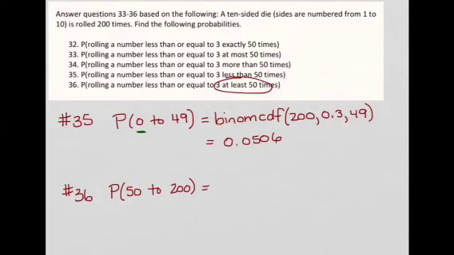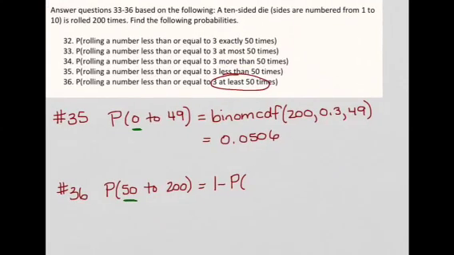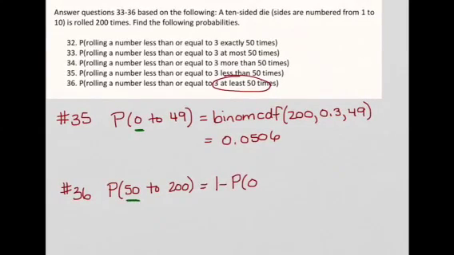And again, we're not starting at 0, so this is not going to work in the calculator. So I have to do 1 minus the probability of 0 to 49 successes.